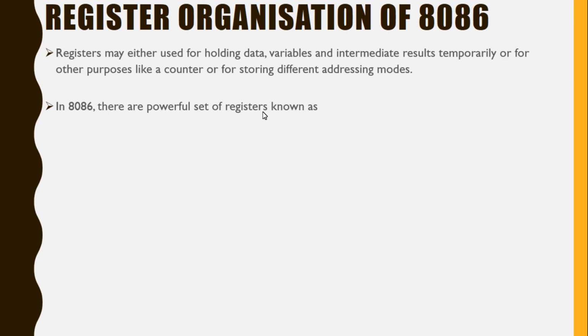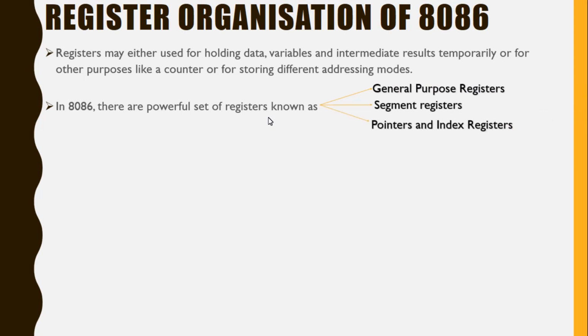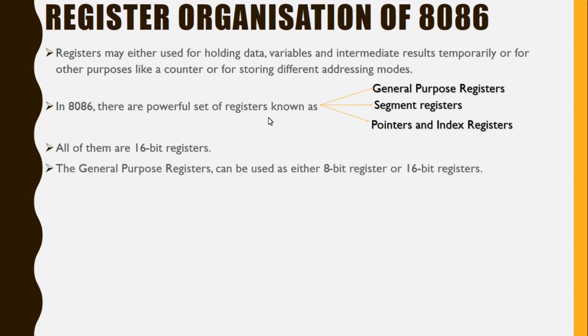In 8086 there is a powerful set of registers known as general purpose registers, segment registers and pointers and index registers. All of them are 16-bit registers. The general purpose register can be used as either an 8-bit register or a 16-bit register.